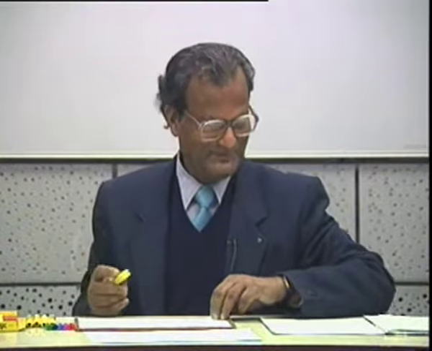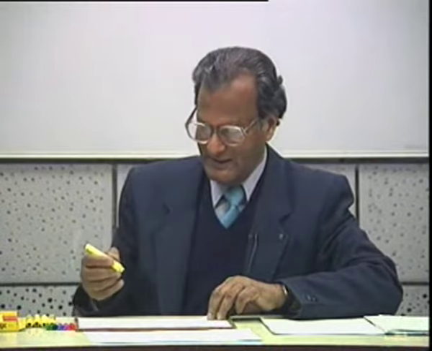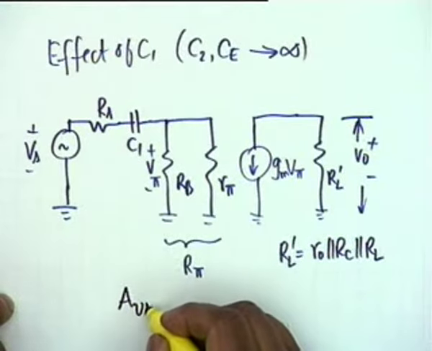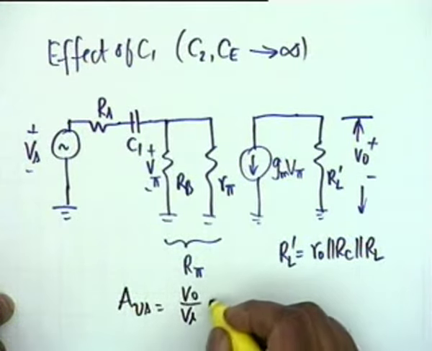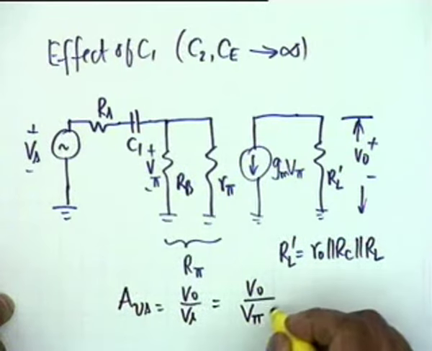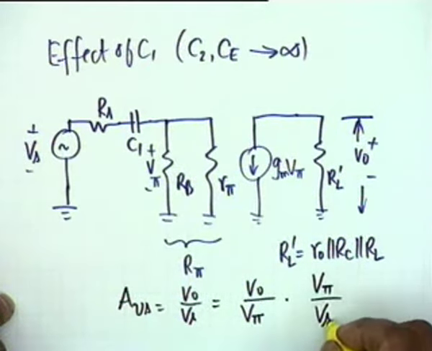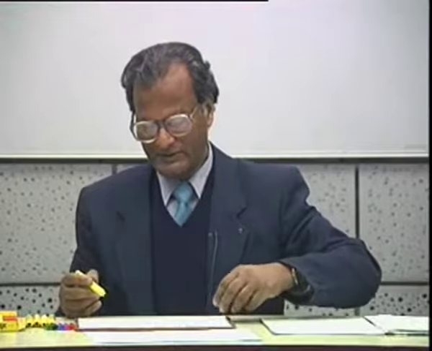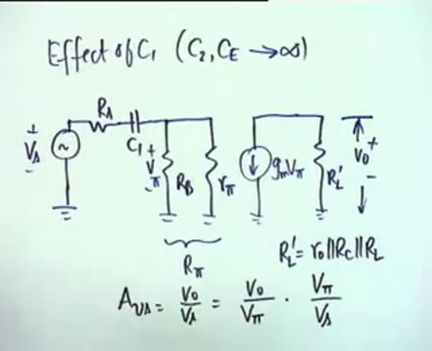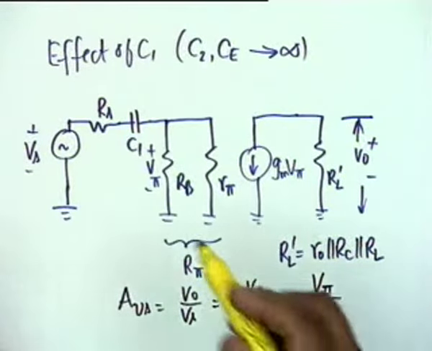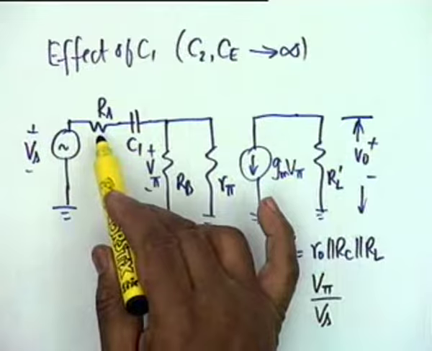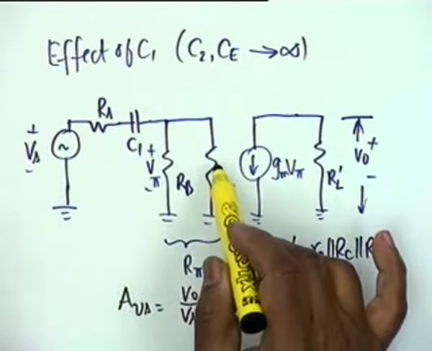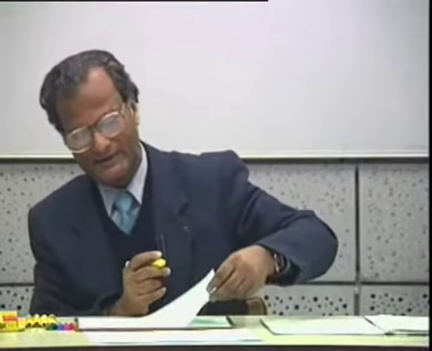Alright. Now to calculate the gain, that is AVS, which is equal to V0 by Vs, I can write V0 by V pi multiplied by V pi by Vs in 2 steps. And the first factor V0 by V pi is simply equal to minus Gm RL prime. So we have to calculate V pi over Vs. That's not a difficult story, because there is a potential division between Rs, C1 and R pi.